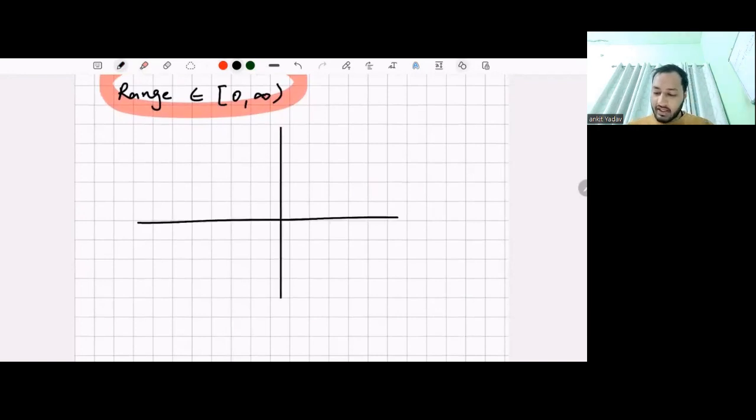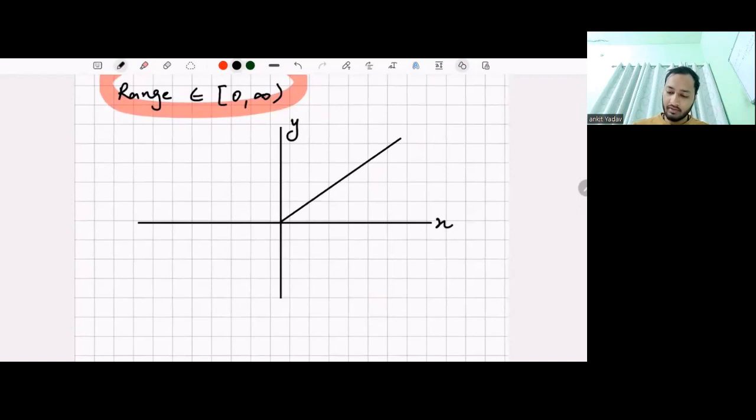So this will not take negative values at all. If this is x and this is y, and the range of the function is 0 to infinity, then it is not going to take the negative values. If it is not taking negative values, then what will it become? It will become like this.